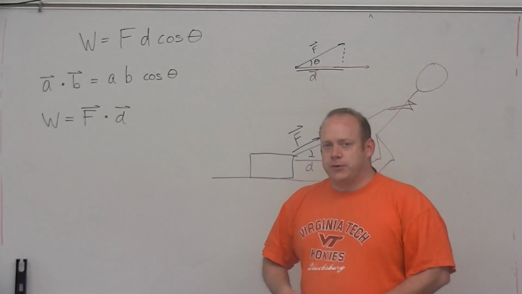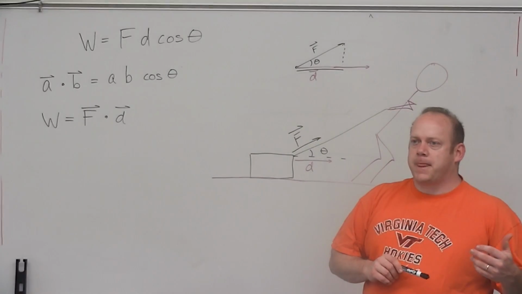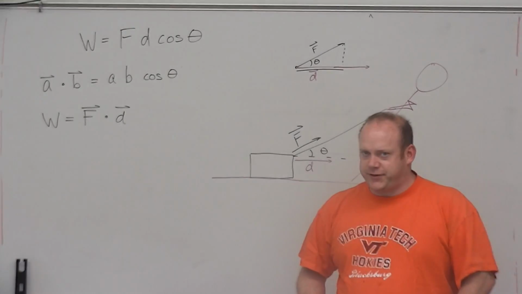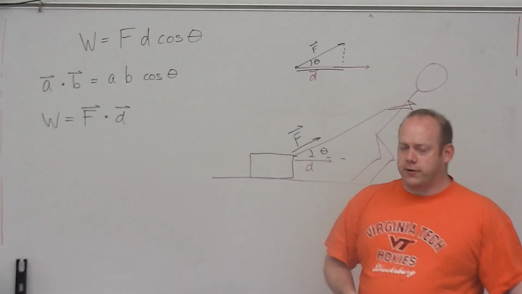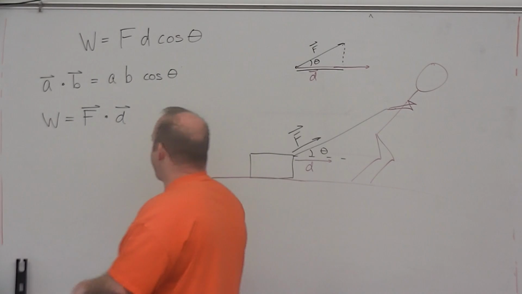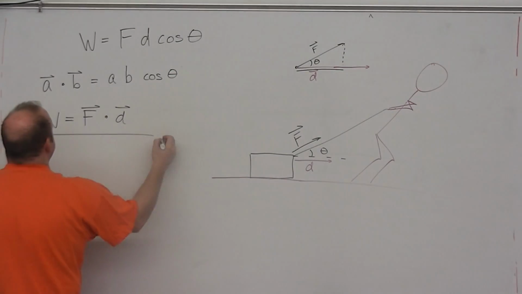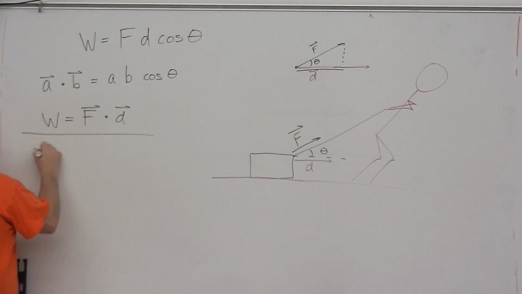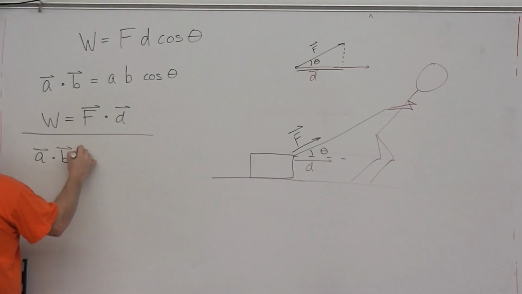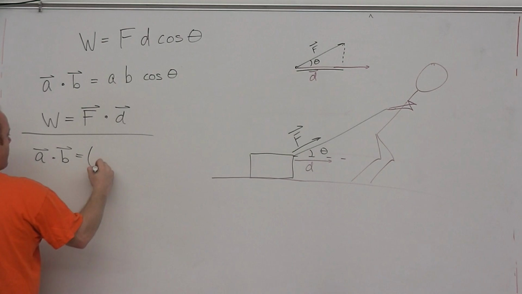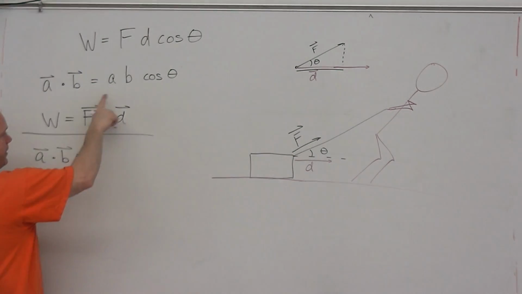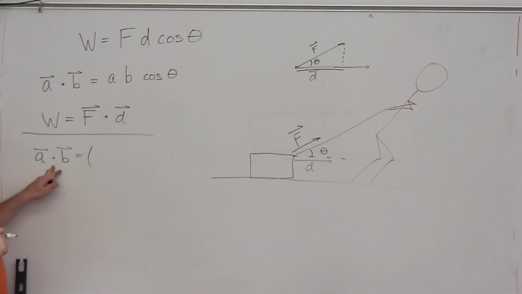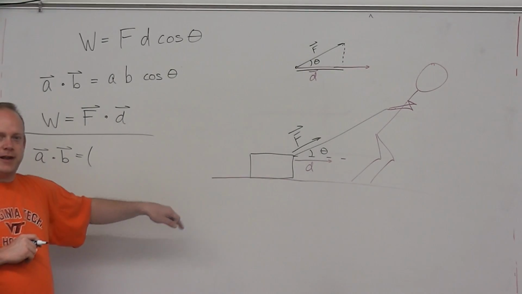If it's in unit vector notation, this is a case where unit vectors aren't necessarily easier. They're not really harder, they're just about the same. If I have two vectors that I want to multiply together, and they're in unit vector notation, the way that I would write it is A dot B is equal to, and you've got to be careful, whenever it's in unit vector notation, people always leave the i's, j's, and k's in there.